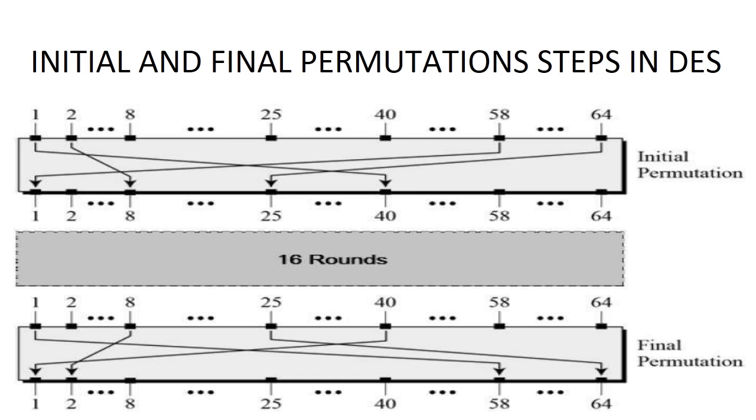In other words, if the rounds between these two permutations did not exist, the 58th bit entering the initial permutation would be the same as the 58th bit leaving the final permutation. So these are keyless straight permutations, the initial and final permutations.